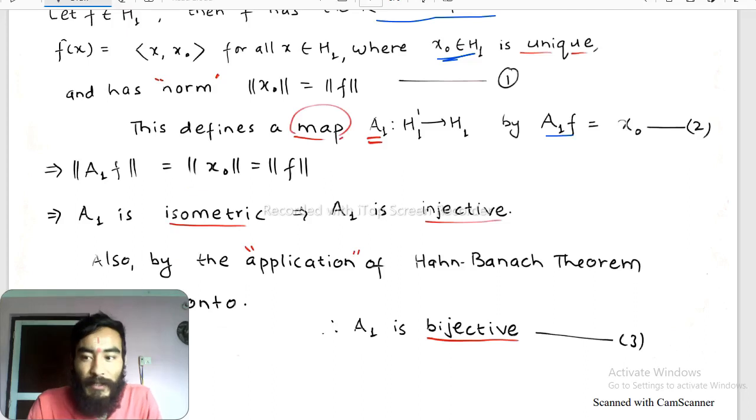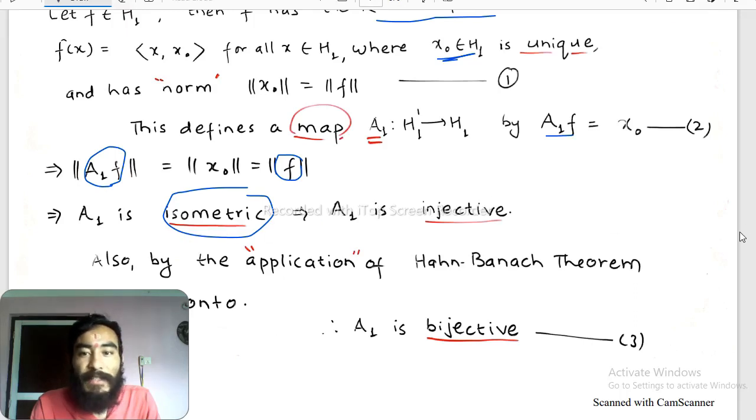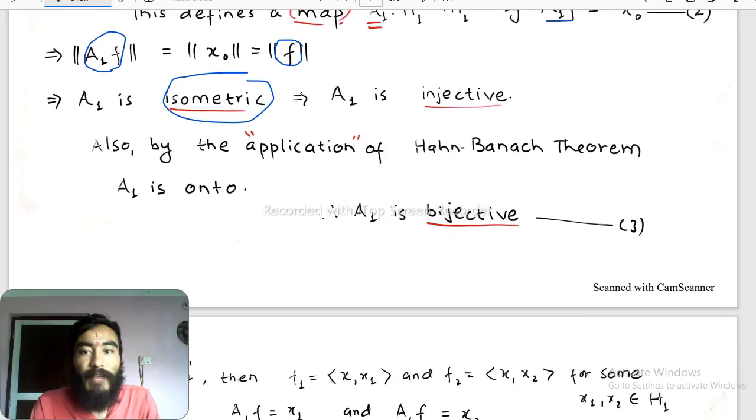Next we find the properties of A1. Now the norm of A1F equals the norm of x naught, which equals the norm of F. This shows A1 is isometric, because the norm of the image A1F and the norm of the pre-image F are equal. This shows A1 is injective, and by the application of the Hahn-Banach theorem A1 is onto.